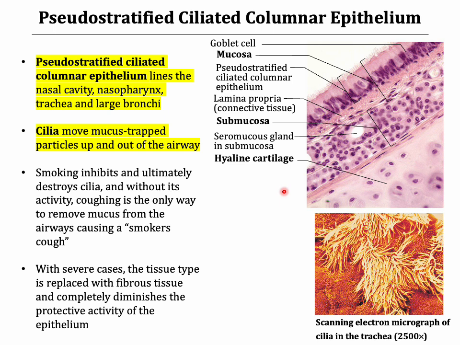Remember that there's a lot of goblet cells associated with this tissue, producing a lot of mucus, which is really important for any tract-like system in our body to trap debris, trap any foreign substance, or to provide ease of movement. The cilia for this tissue type is very important for moving, sweeping that mucus-trapped debris up and out of the airway.